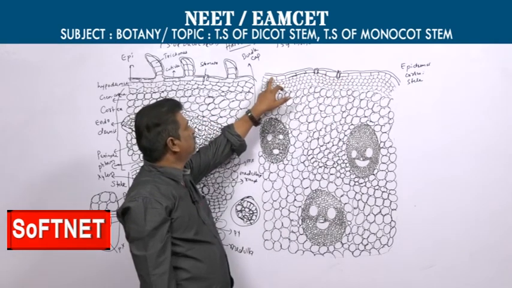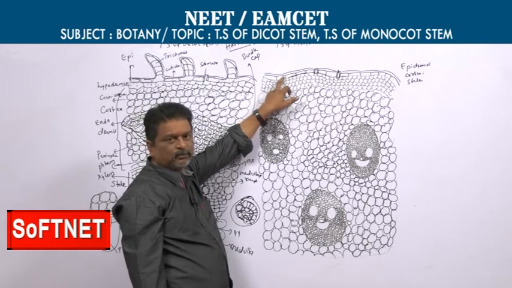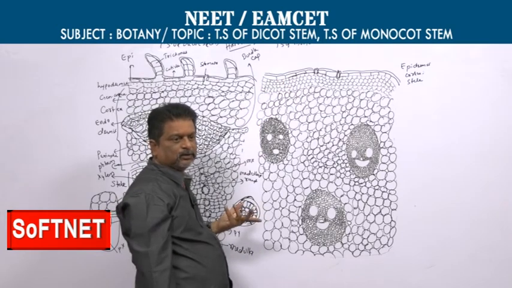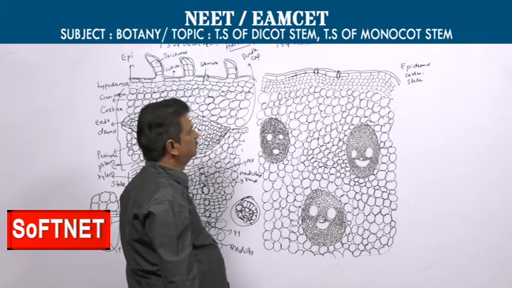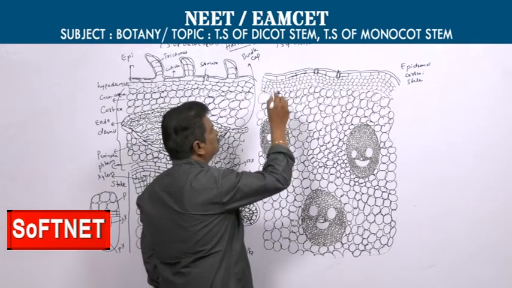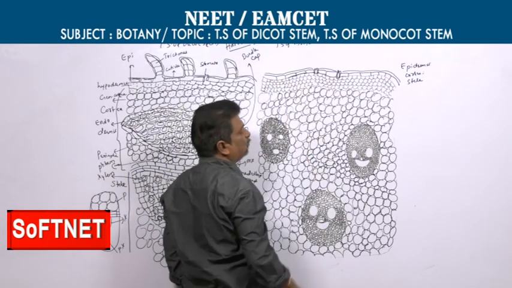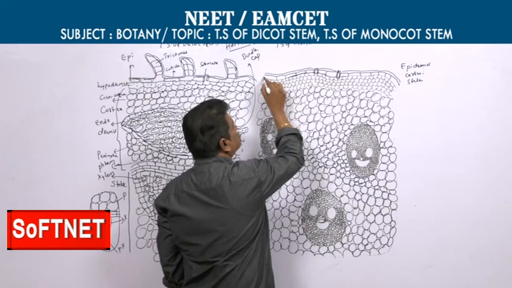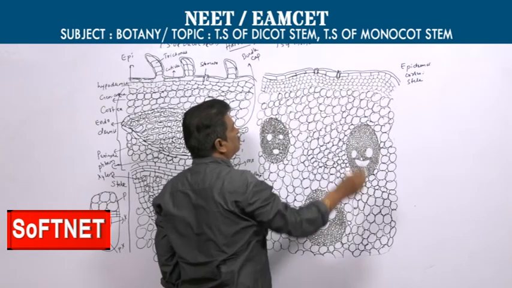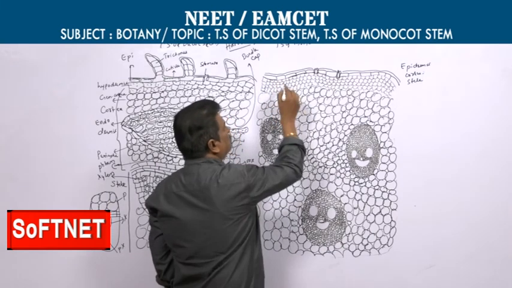This epidermis is made up of rectangular cells, closely arranged. Cells contain vacuolated protoplast, so the cells are living cells, but without chloroplast.